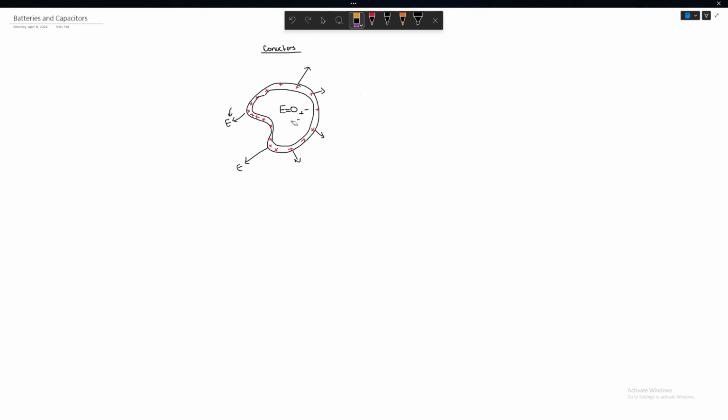Alright. Now the question is, well, if that's 0, what is my potential difference? So let's say I have a point here, V1, and a point here, V2. Well, what is the voltage, or the electric potential, at this certain point? Well, it's probably going to be something, right? There is going to be some electric potential.